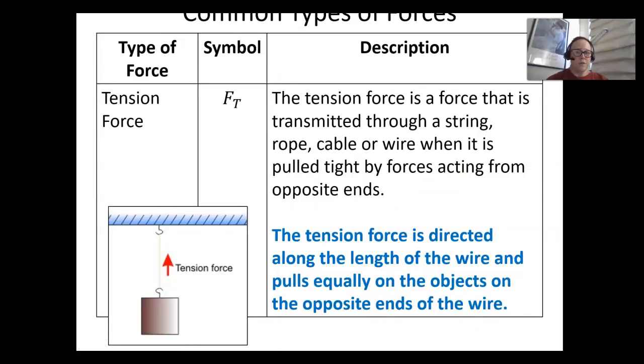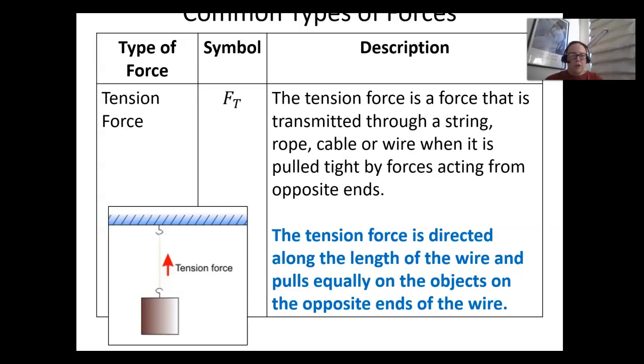Another common type of force is the tension force, which is represented as F with a T subscript. The tension force is a force that's transmitted through a string, a rope, a cable, a wire, something that is long and thin, like that. The tension force occurs when two objects are connected by that string or rope or cable or wire, and it's getting pulled tightly in both directions.